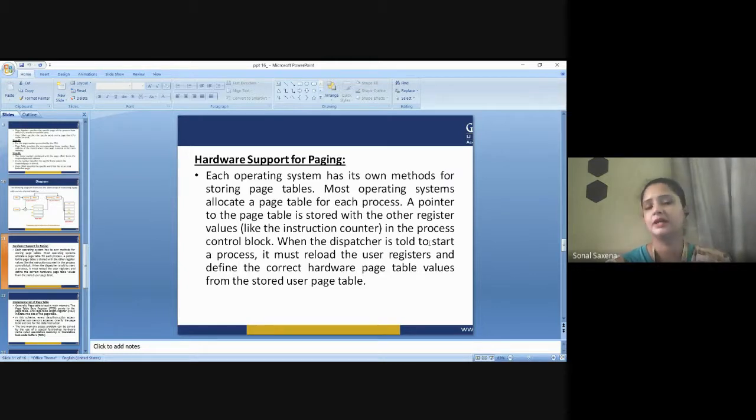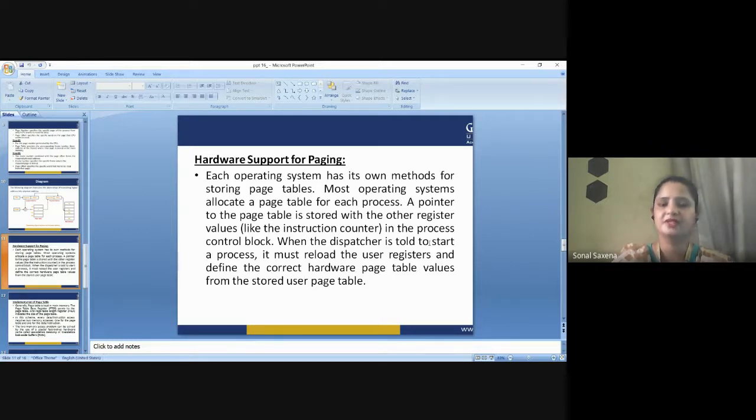So the page table of a process will be created when the process is created, and as soon as your process gets terminated, the page table also gets demolished, right? A pointer to the page table is stored with other register values in the process control block.